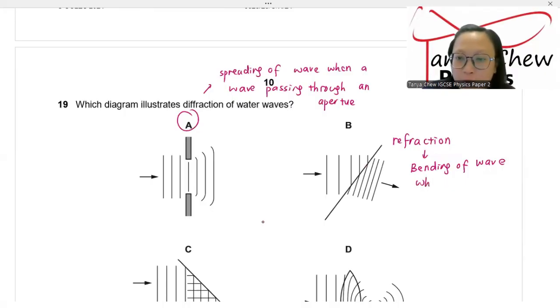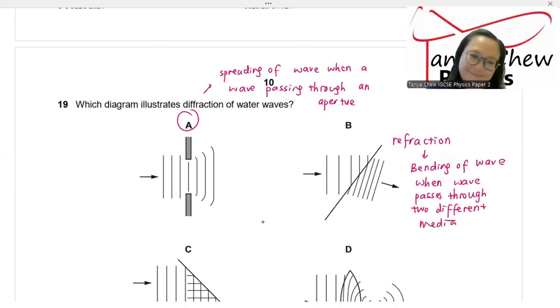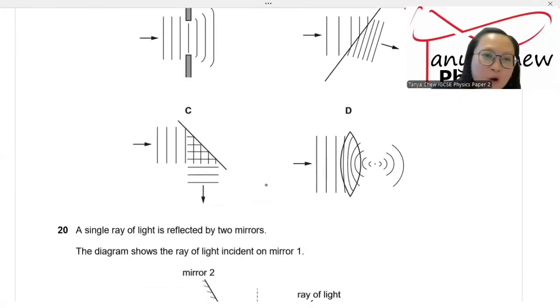Bending of wave when a wave passes through two different media. Now, C is called reflection. How do I know this is reflection? Because I look at the wavelength.